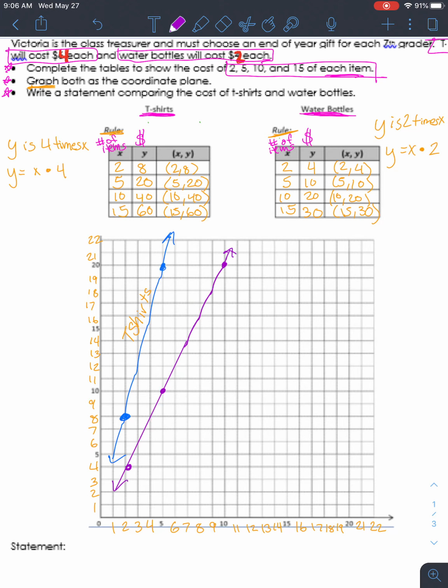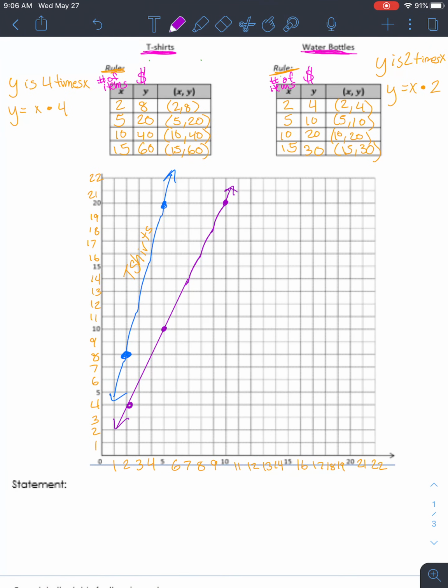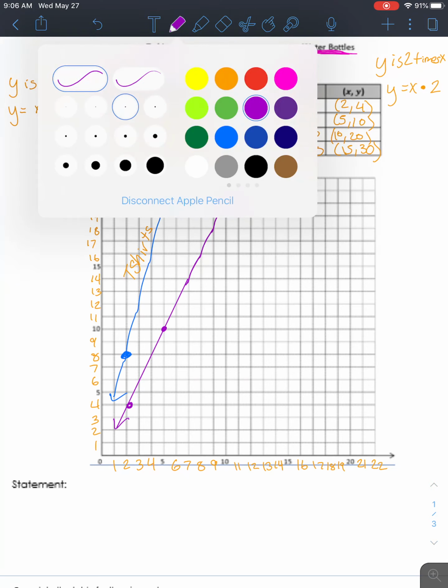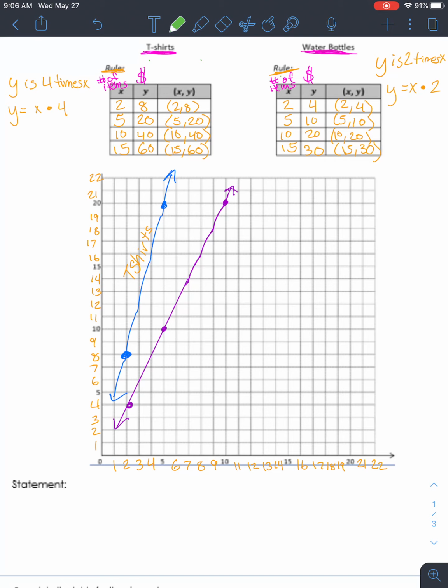Okay. All right, and they're asking us now to compare the cost of the t-shirts and the water bottles. You can look at your graph and clearly see that the t-shirts cost more. I'm looking at the graph and I clearly see this t-shirt line. Ooh, I didn't label the water bottles.